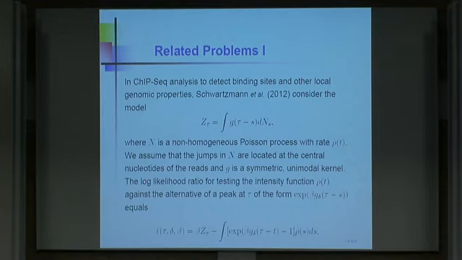Here's one, a very nice paper by Schwartzman and others just 2 years ago, where they consider a problem of so-called chip sequence analysis, which I won't try to explain, but it involves a similar problem, where the signal is in the form of the convolution of the same sort of Poisson process we're talking about with a smooth kernel because of the way the data are collected.